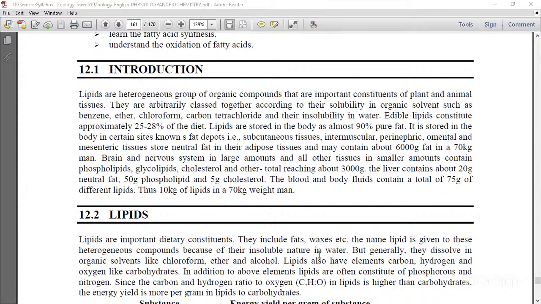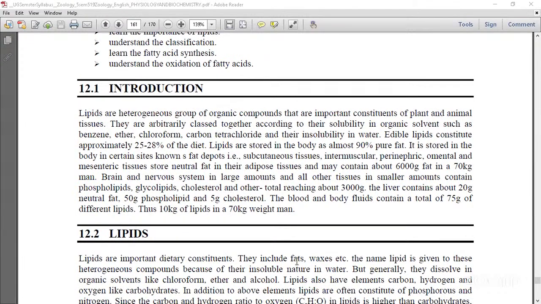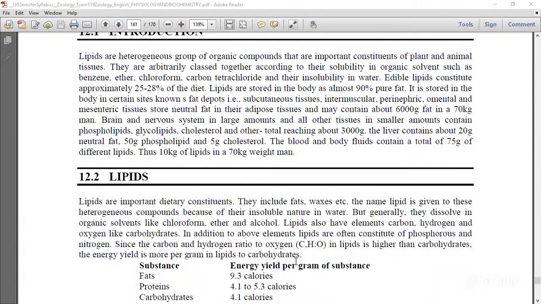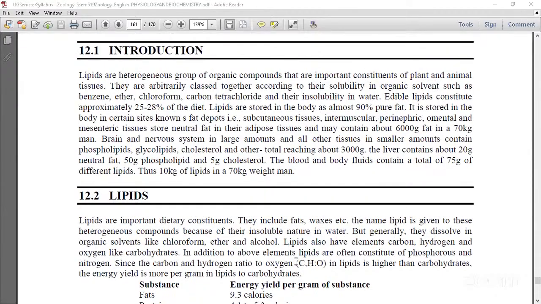They include fats and waxes. As we know, the presence of fats can be dangerous to the body, but still it is an important dietary constituent, like carbohydrates and amino acids, which we require for our metabolism.